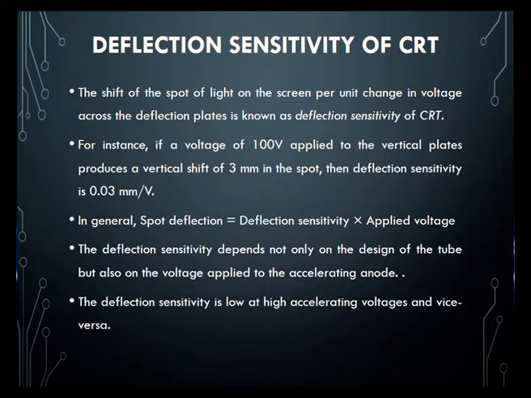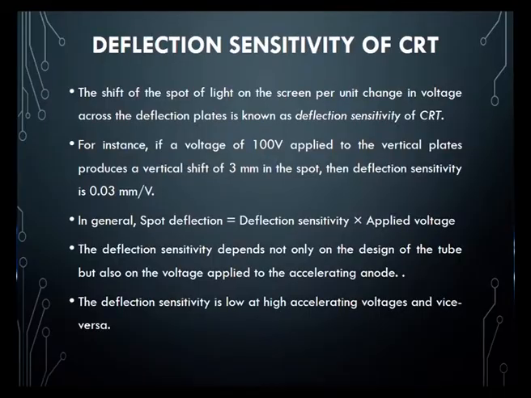That is, the shift of the spot on the screen per unit change in the voltage applied to the deflection plate defines the deflection sensitivity of CRT. This can be easily studied with the help of this example. If a voltage of 100 volts is applied to the vertical plates and it produces a vertical shift of 3 millimeter in the spot, then the deflection sensitivity is 0.03 millimeter per volt.